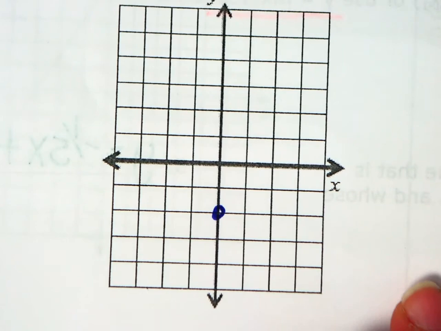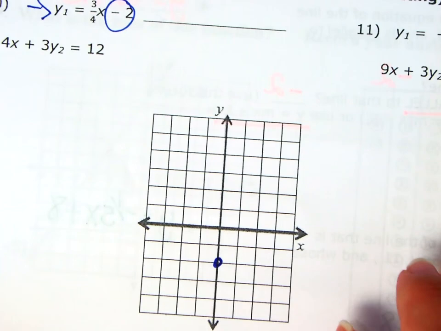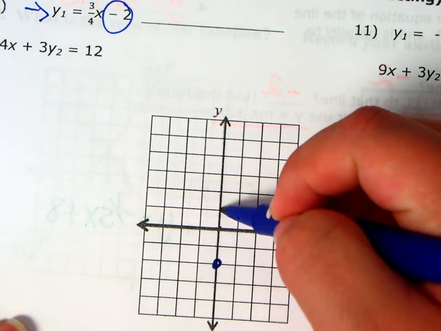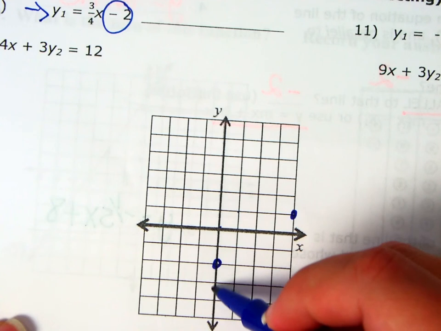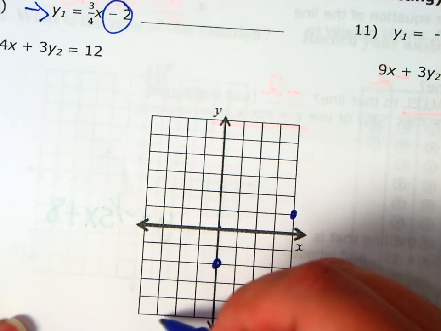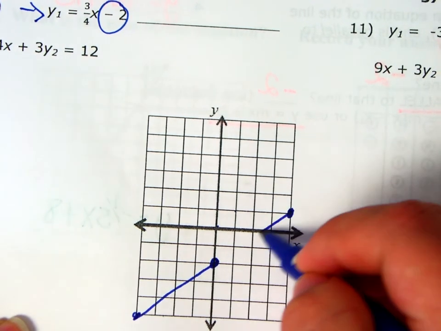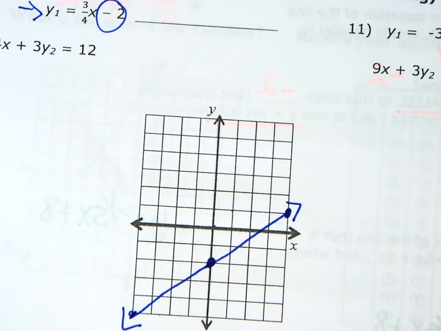Now what's our slope? 3 over 4. So I'm going to go up 3 over 4. Down 3 over 4. Connect those dots. You're done graphing that one.